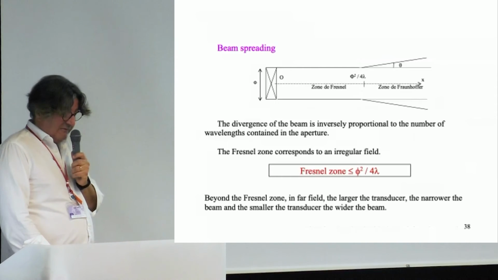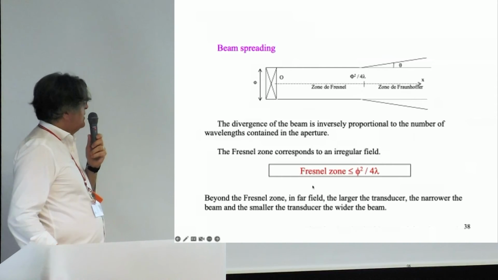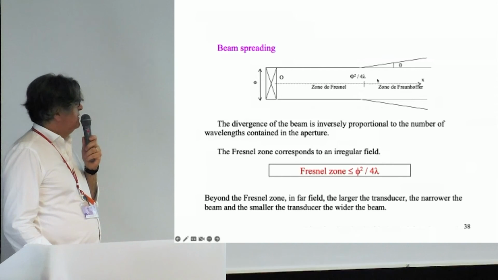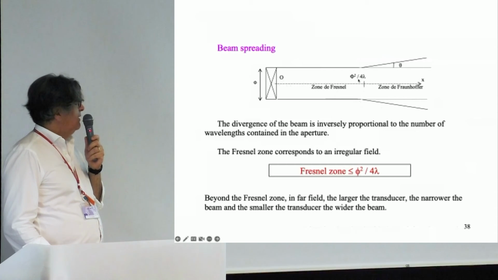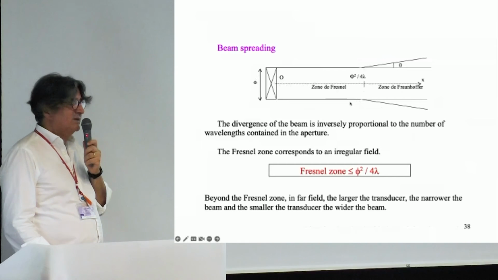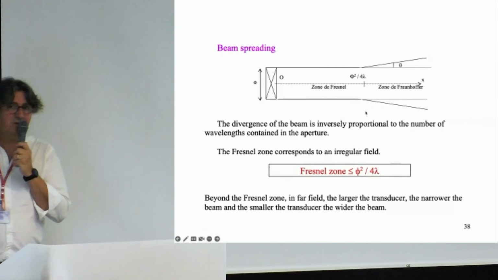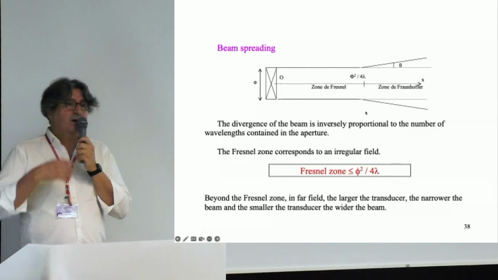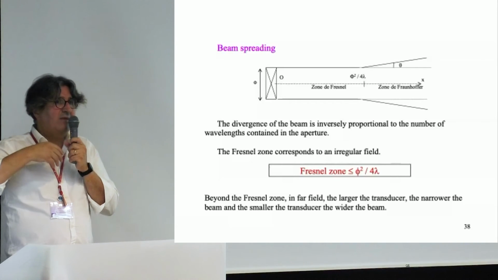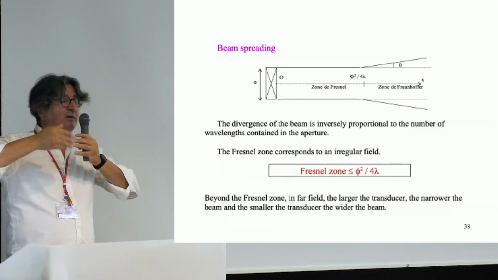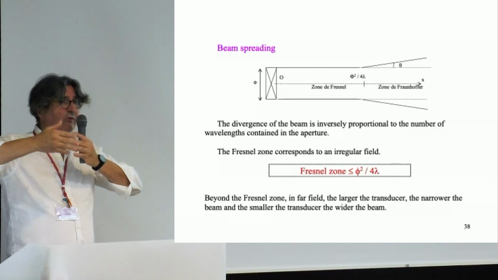As I say, you have a beam spreading into the medium, which means that you have a region named the Fresnel zone, where you have multiple interferences, and then at one point it becomes smooth.